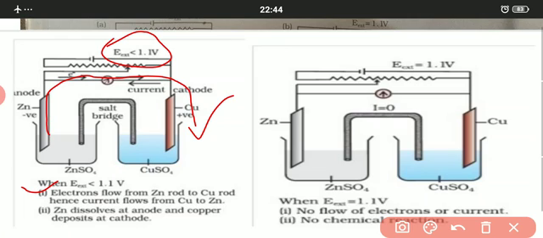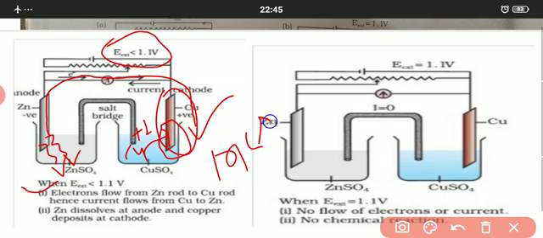So the electron moves from zinc to copper and zinc corrodes, means the amount of zinc is reduced, and at the same time Cu plus 2 is coated on copper electrode. So copper is deposited here, so the amount of copper electrode increases in this case and amount of zinc decreases.